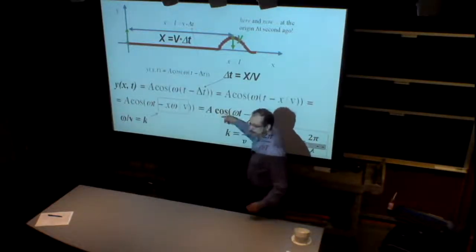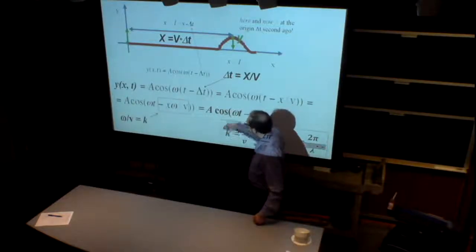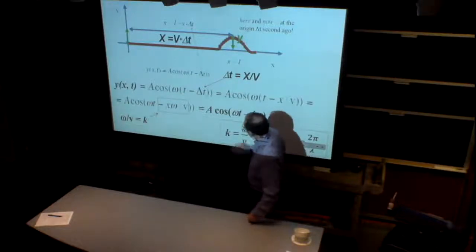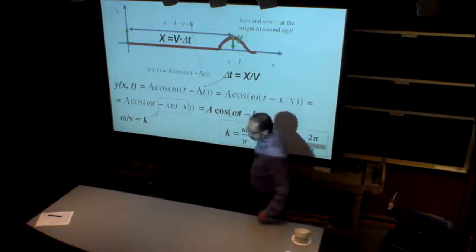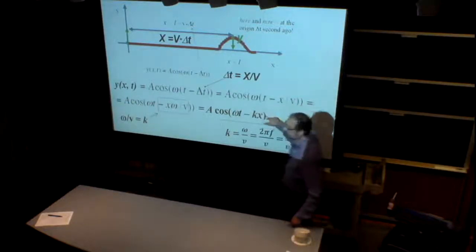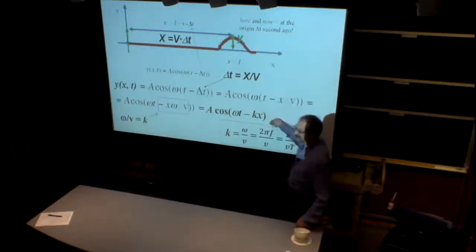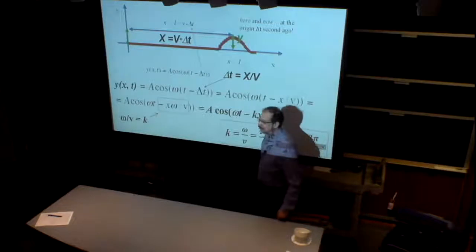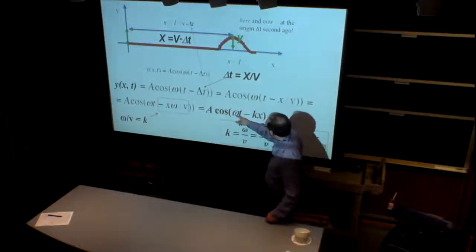The function depends on what type of source we use. If we use a cosine generator, the whole wave can be described by cosine, but it could have been a sine, or in general could have had any other additional constant inside it. And that's the amplitude, the maximum displacement from equilibrium, and the angular frequency.